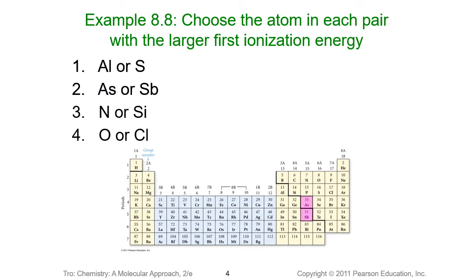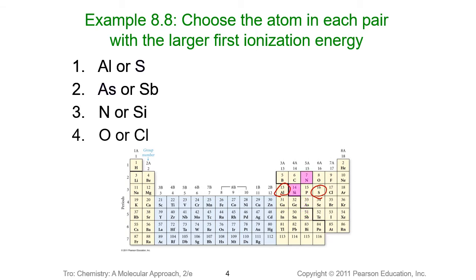Choose the atom in each pair with the larger first ionization energy. If we look at aluminum and sulfur, the sulfur is further to the right, so that would have the larger first ionization energy.